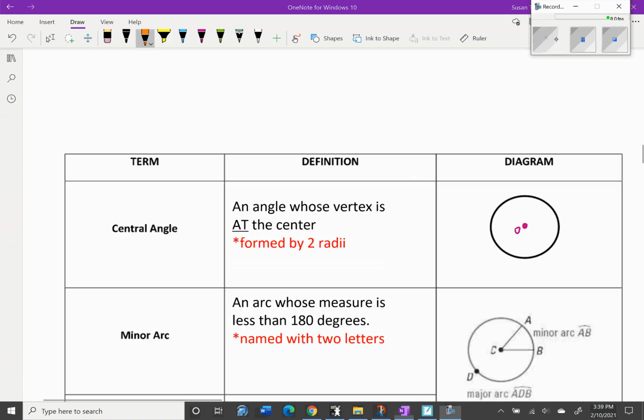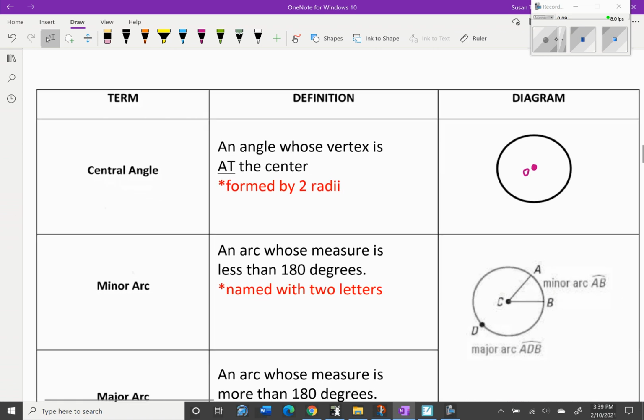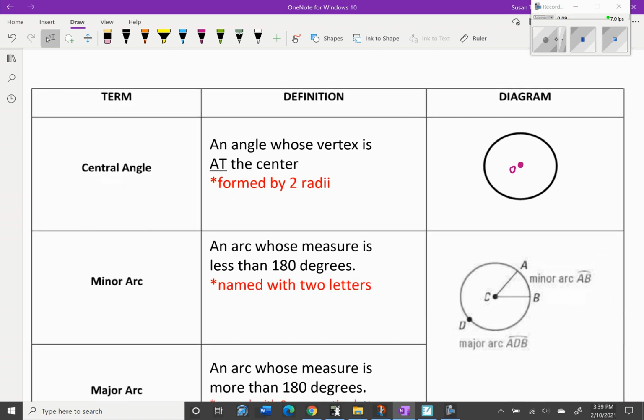All right, so next we're going to talk about some angles and arcs, and we're going to look at the diagram. So a central angle. A central angle is an angle whose vertex is at the center, and it's formed by two radii. So if the center of our circle here is O, any two radii would have endpoints from the center to the endpoints on the circle.